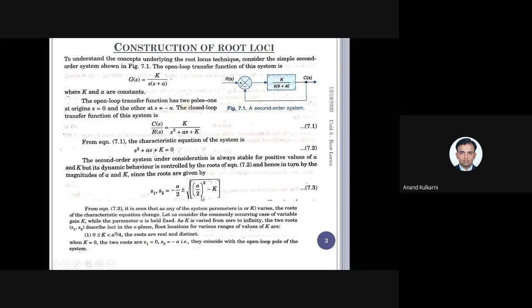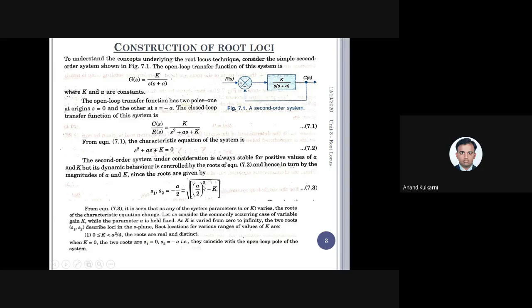So with the whole thing divided by 2, a is the outside term, then plus or minus under root, where I can take 4 common inside, so it gets divided by 2 here, and the outside 2 and this inside 2 will get cancelled.